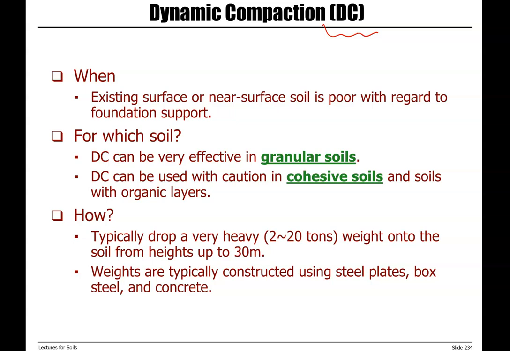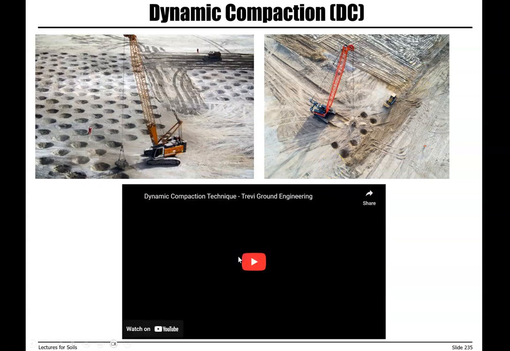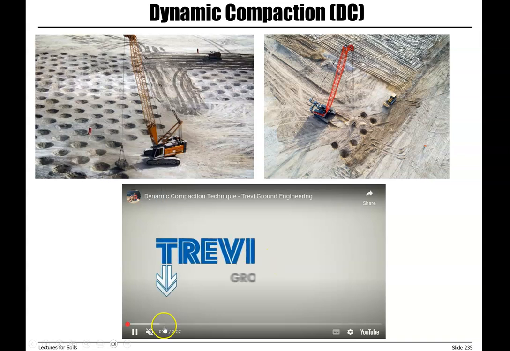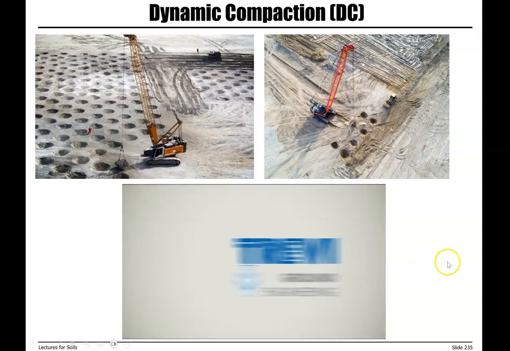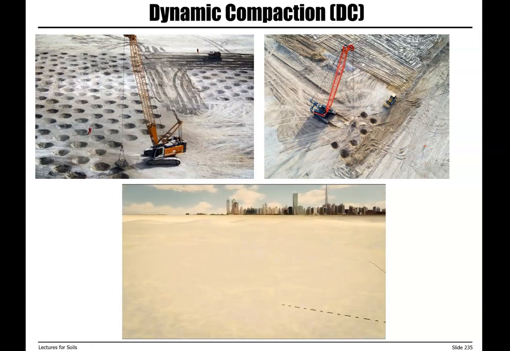Dynamic compaction is basically a heavy weight, which can be between 2 to 20 tons, dropped on the surface of soil from a height of up to 30 meters. So again, it consists of a heavy weight that is dropped on top of the soil from a certain height.